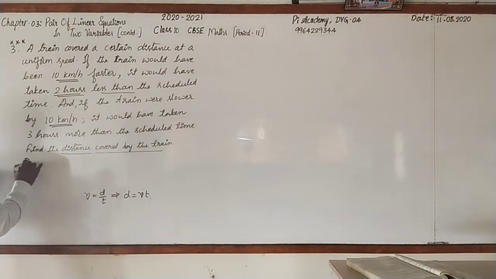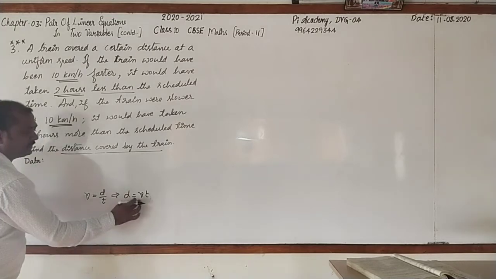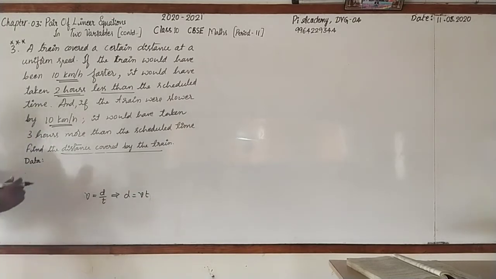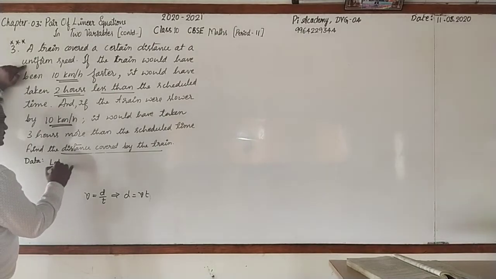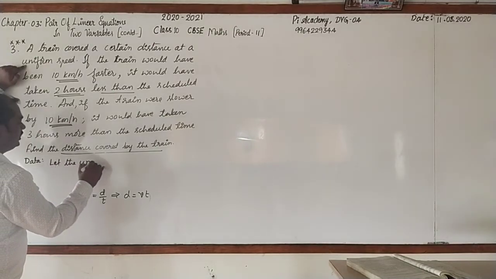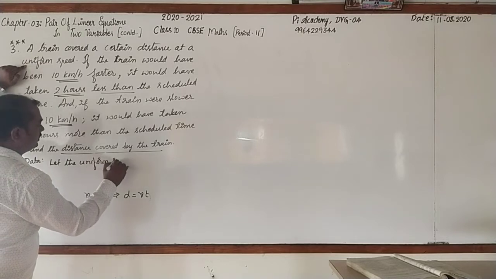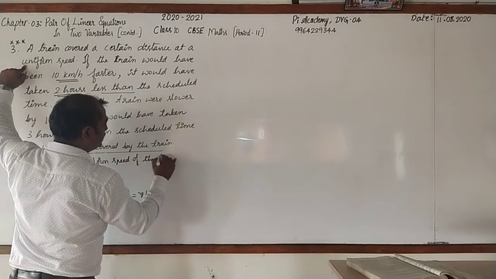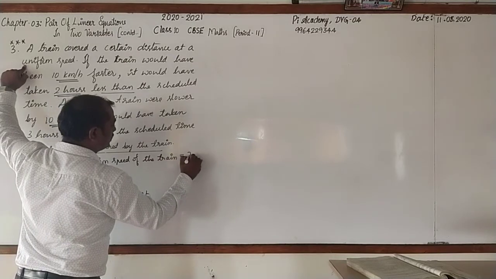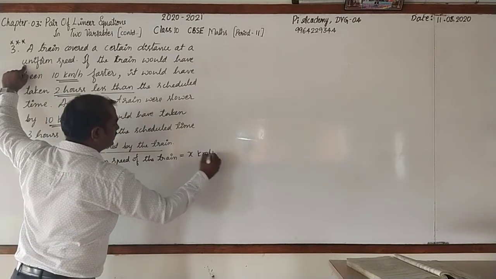Please write with me. Data. What is that? V, it is the uniform speed. Here I write: let the uniform speed of the train be x kilometer per hour.